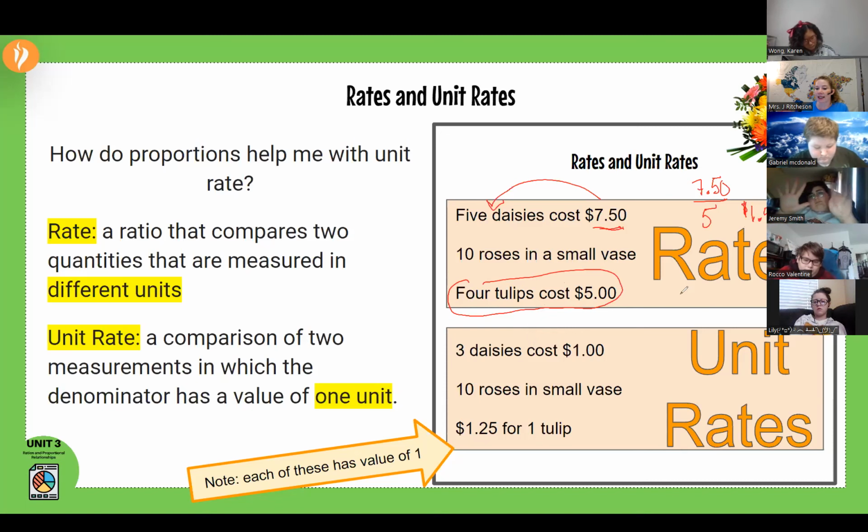Yeah, we got to divide the money by the quantity. So if you divide $5 by 4 tulips, it is $1.25 per tulip. That means for one tulip. Okay. All right. Everyone tell me how much is 1 daisy if I can buy 3 daisies for $1?